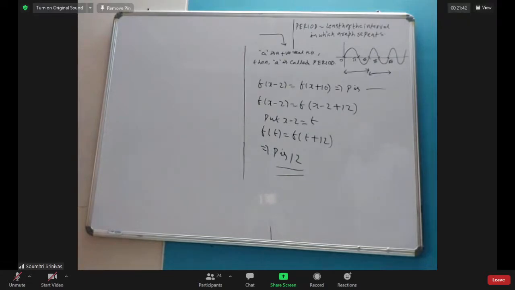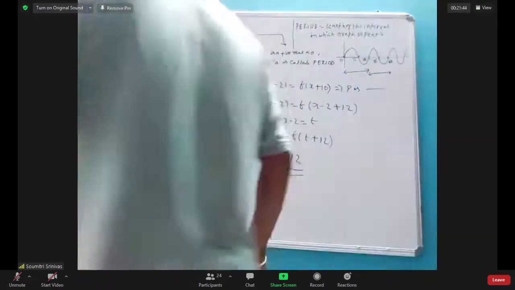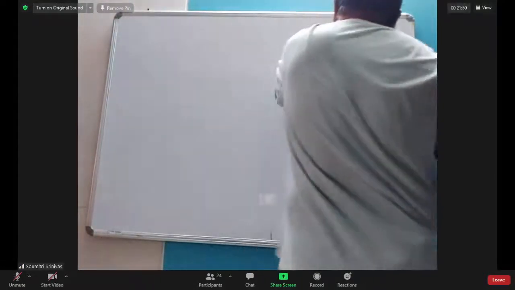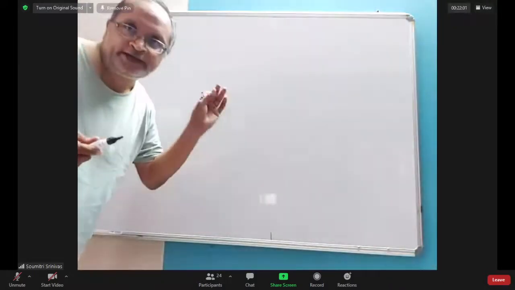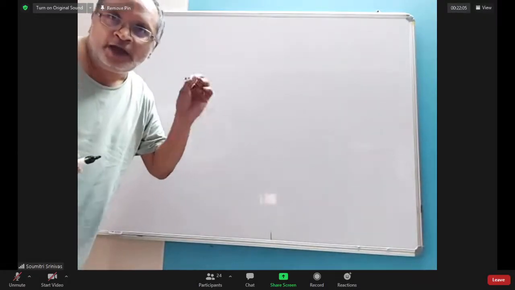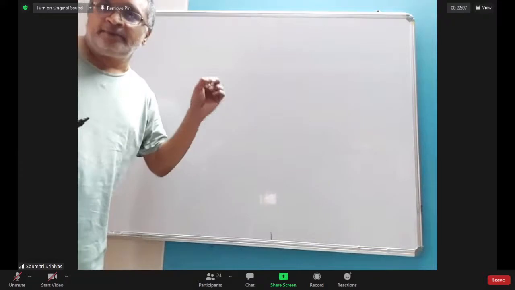If you remember, f of x is a periodic function of period A. Then what will be the period of f of alpha x? Please do not write it, it will be there on the board. I did this in trigonometry, I'm repeating once again.